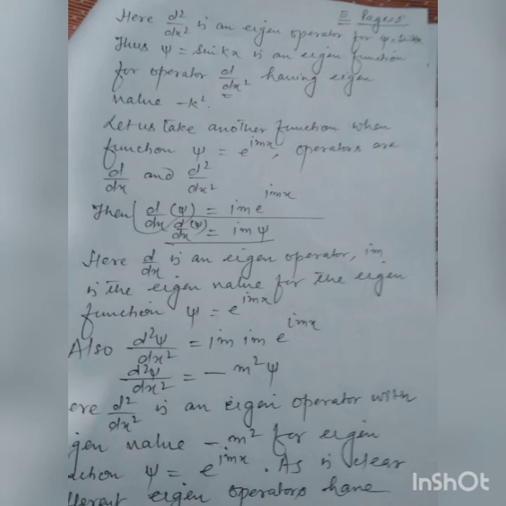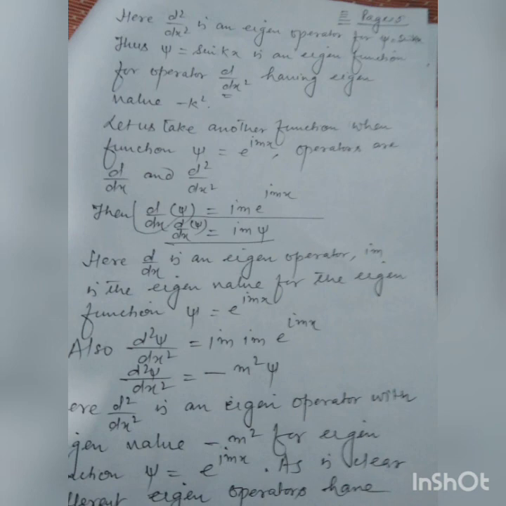Here d upon dx is an Eigen operator, and im is the Eigen value for the Eigen function psi equal to e to the power imx. Also, d square psi upon dx square is equal to im times im e to the power imx.